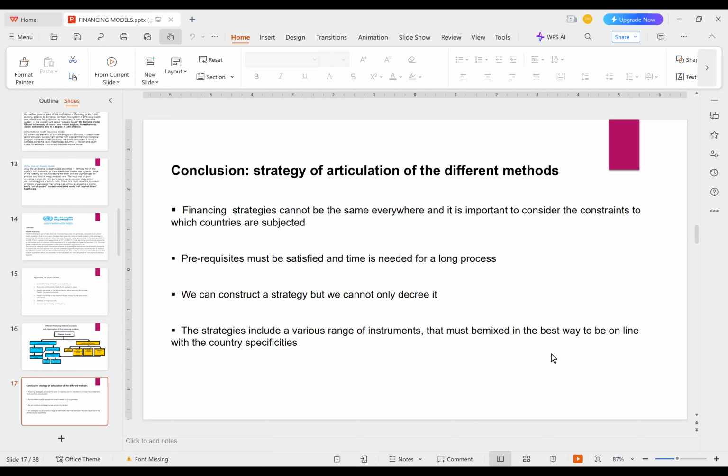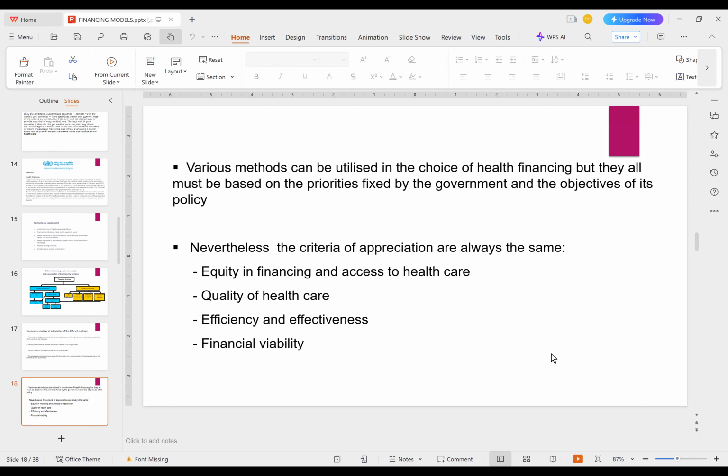In conclusion, the strategy of articulation of the different methods and financial strategies cannot be the same everywhere and anywhere, and it is important to consider the constraints to which countries are subjected. Prerequisites must be satisfied and time is needed for a long process. We can construct a strategy, but we cannot only decree it. The strategies include a various range of instruments that must be mixed in the best way to be in line with the country specifications.